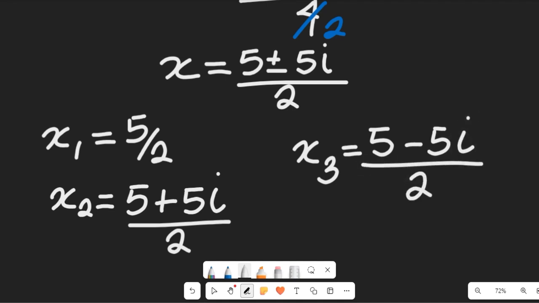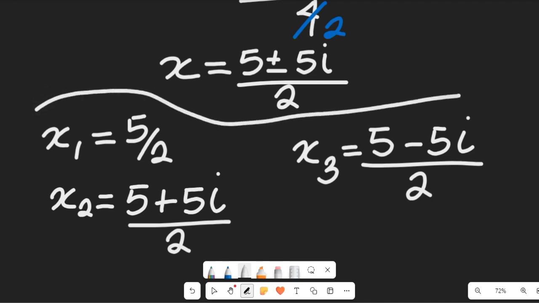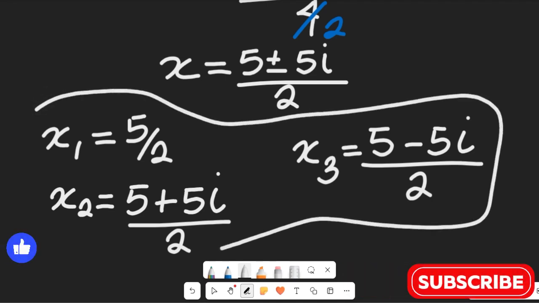And these are the solutions to those expressions given to us up there.